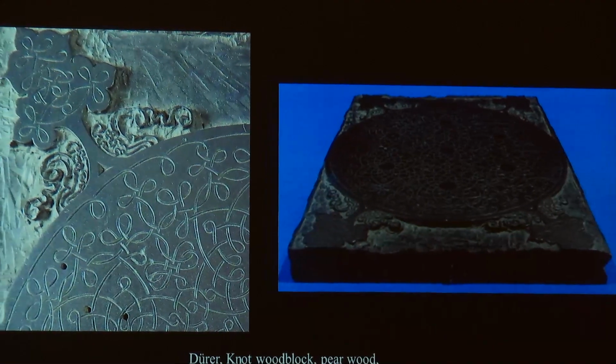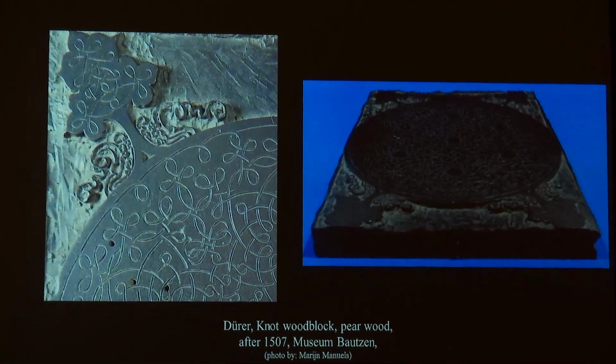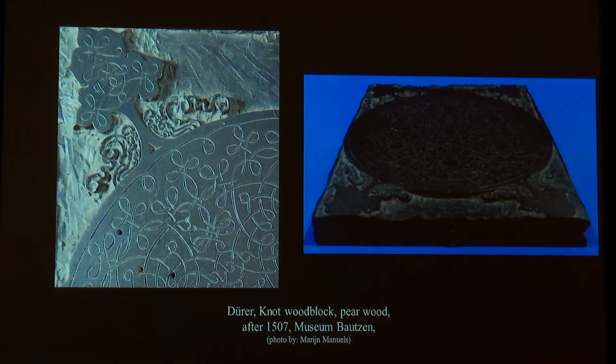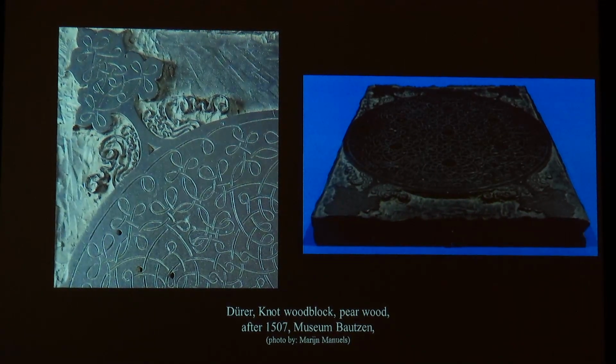Although the design is not carved very deeply into the block, only a few millimeters as can be seen from these details, the compression of the printing press ensures that the ink is transferred to the paper. By pushing the raised areas on the surface of the block into the paper, the force of the press also transmits some of the texture of the wood relief to the paper, albeit in reverse.